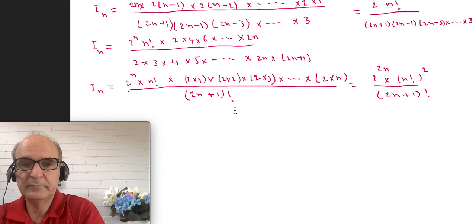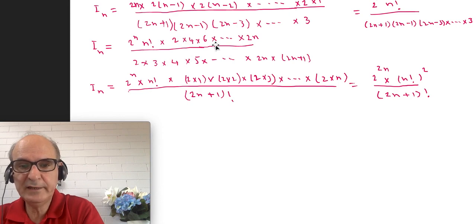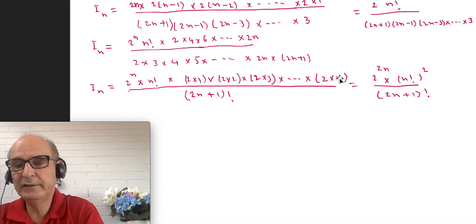And then at the top, we had already 2 to the n times n factorial, and in the even numbers we have, if you take all the 2's out, how many 2's are you going to have? 2 to the power of, again, n. And these ones that we have, 1, 2, 3, all the way to n, will make up your n factorial.